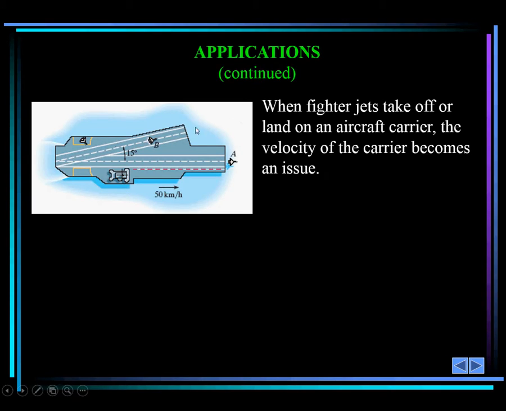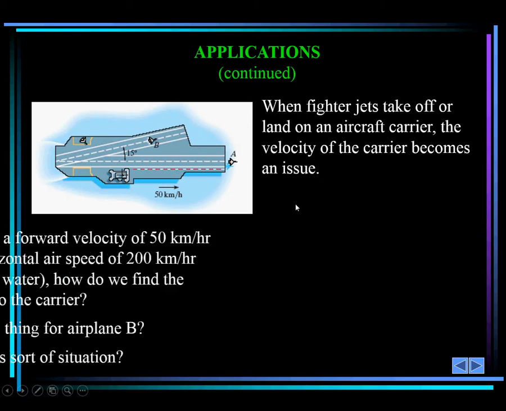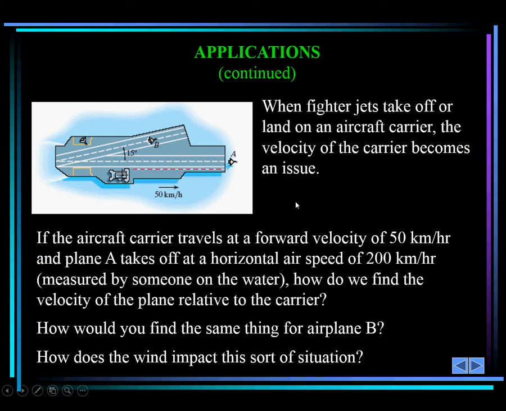But if you do it this way, then there is. See, if the carrier travels forward at a velocity of 50 kilometers per hour and the plane takes off at a horizontal airspeed of 200 kilometers per hour, how do we find the velocity of the plane relative to the carrier?